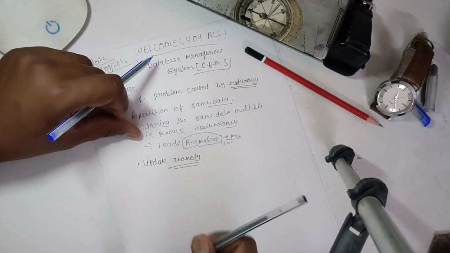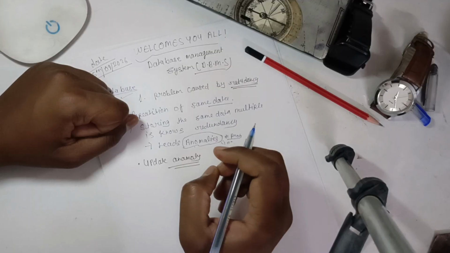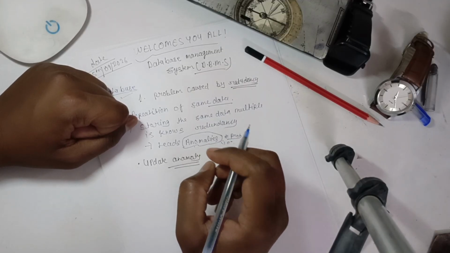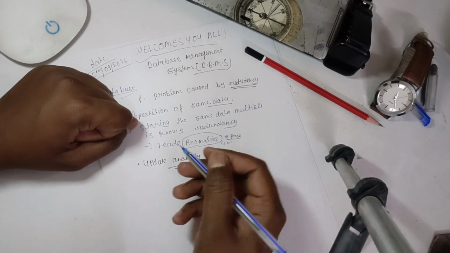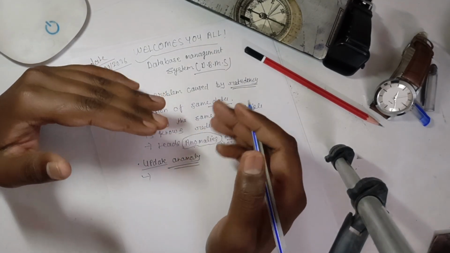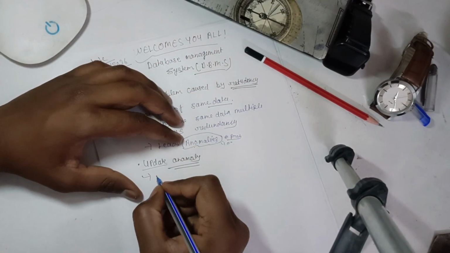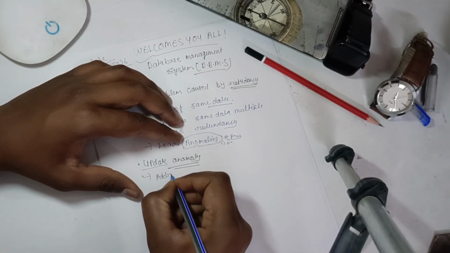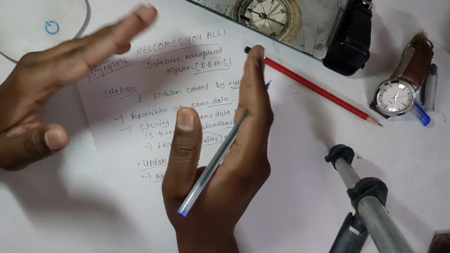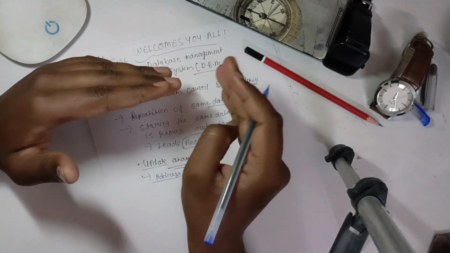So what is update anomaly? If you want to change a student's address in one row but forget to change it in another, the data becomes inconsistent. Suppose we have a database of a university and we want to change the address of a student. All departments of the university are connected through the database.